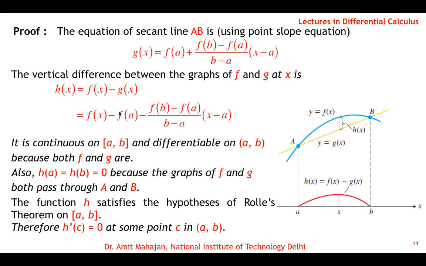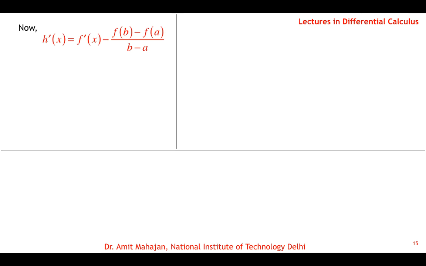This is a constant number, so its derivative is 0. Then minus this constant number times the derivative of x, which is 1, and the derivative of the constant is 0. So it will give f'(x) minus this ratio. So h'(x) is easily calculated as f'(x) minus this ratio.